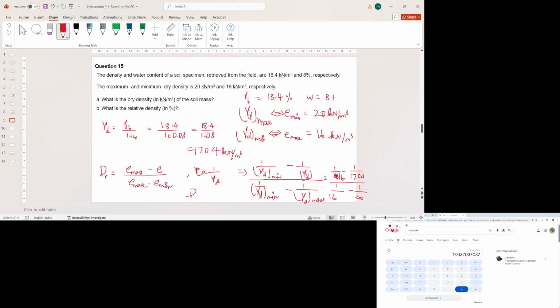Now calculating it, D_r we get as 1 by 16 minus 1 by 17.04 divided by 1 by 16 minus 1 by 20.